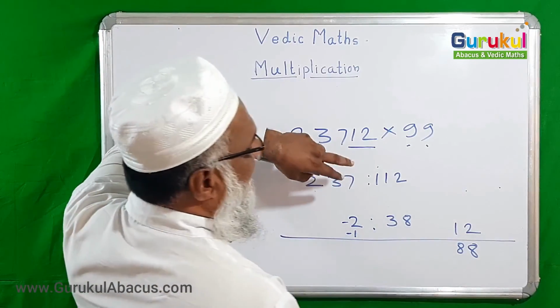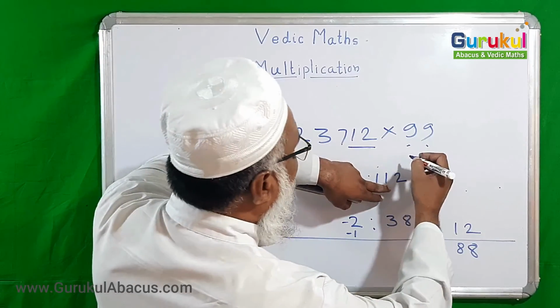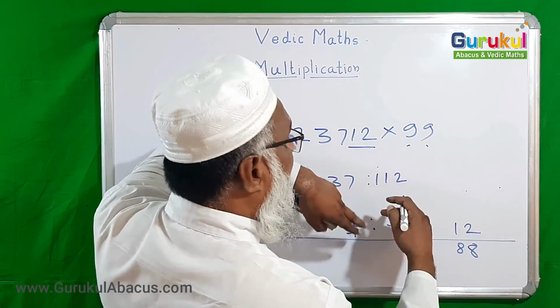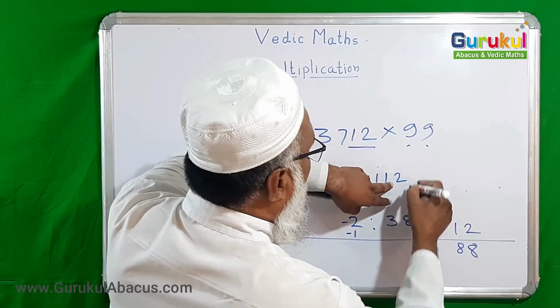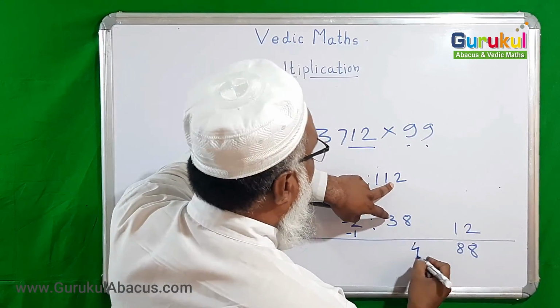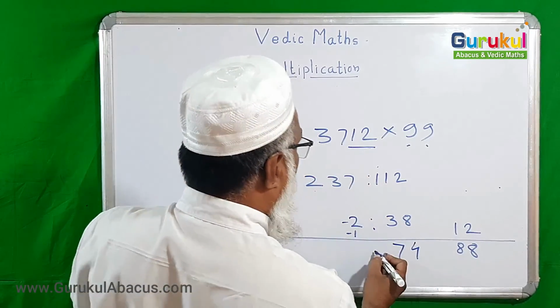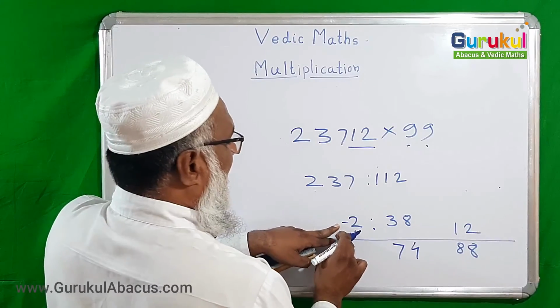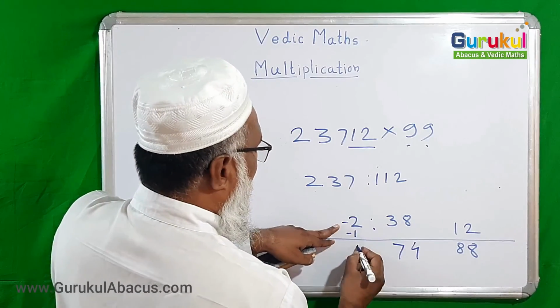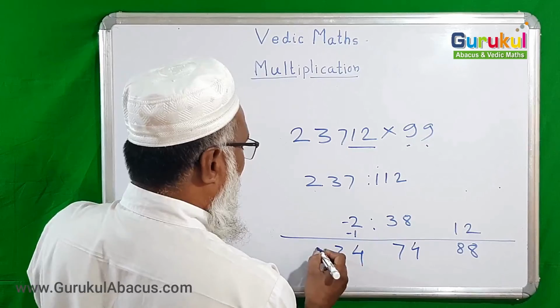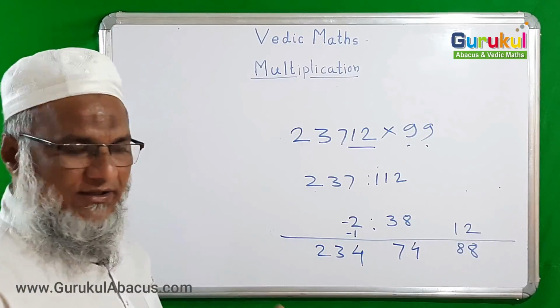Now the subtraction is going on, and here this 2 and 1, 3, I want to subtract from 237, so it becomes 432. That's it. This is the method.